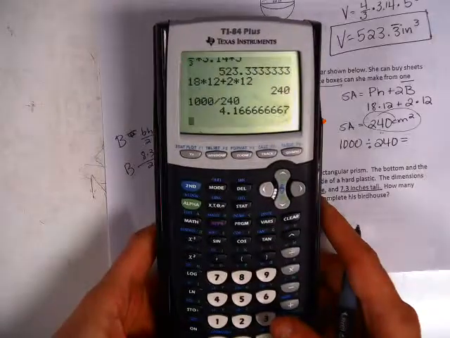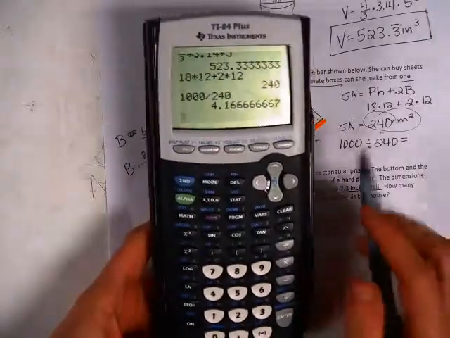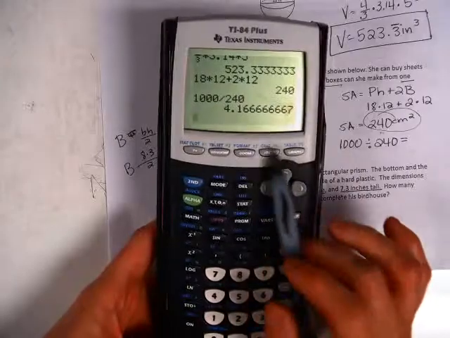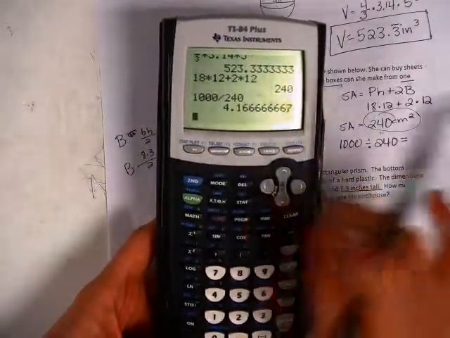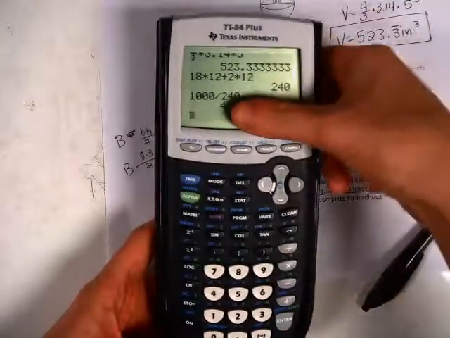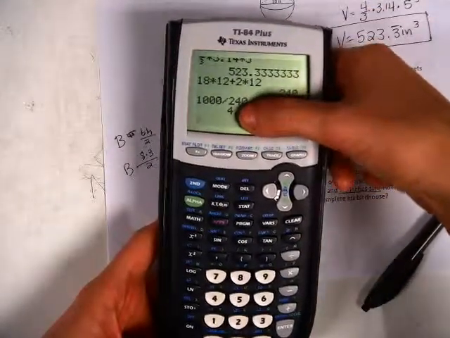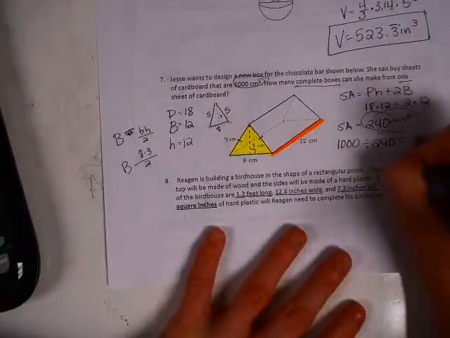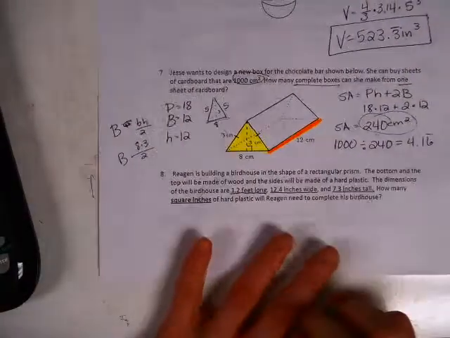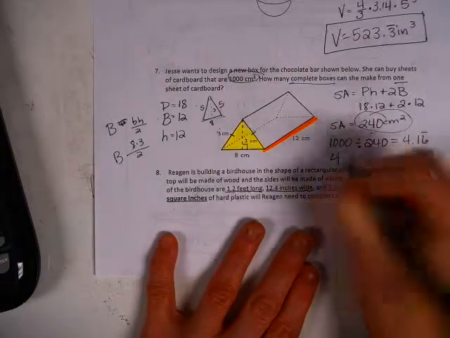Okay, so I get 4.1. Think about this. How many complete boxes? Is this a complete box? No, it's a part of a box. So you have to go to the whole number.